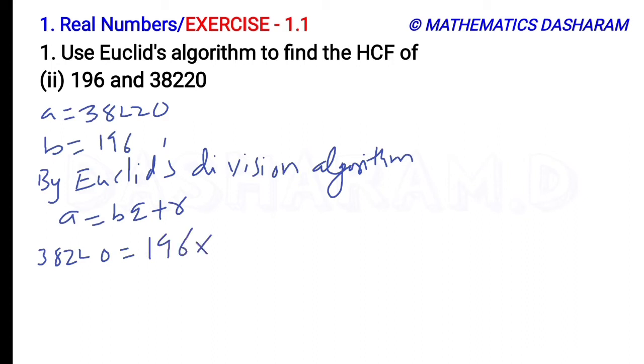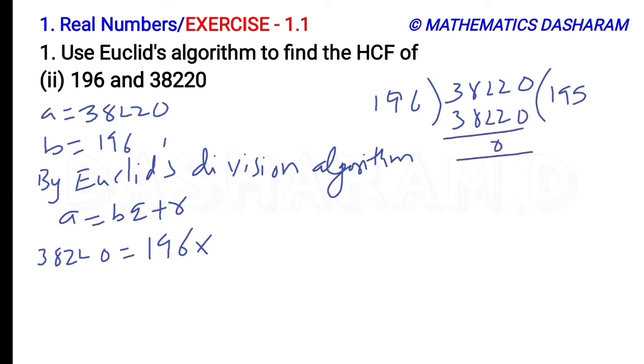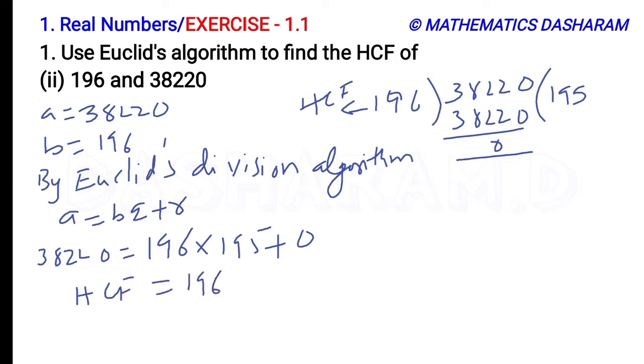Let's find the quotient and remainder. 196 into 195 is exactly 38,220, remainder is 0. Here in the first step we got the remainder 0, so this divisor is the HCF. Here 195 is the quotient and remainder is 0. Therefore the HCF of the given two numbers is 196.